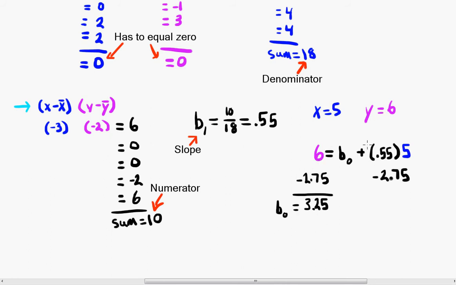So we are going to multiply the 0.55 by 5, and then we are going to subtract to get b naught on one side. So this is going to cancel out. So minus 2.75 from 6. This means b naught is equal to 3.25.